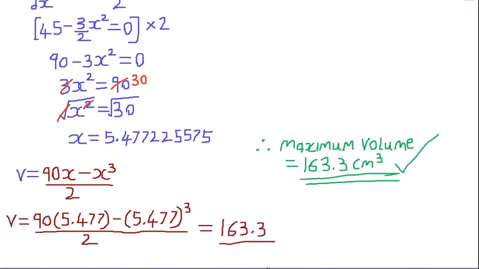When you use a calculator or whichever way, you're going to get a value of 163.3. Volume should be cubed, so the way you represent your answer should be cubic centimeters.